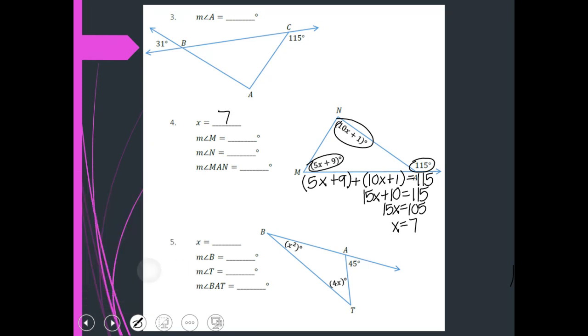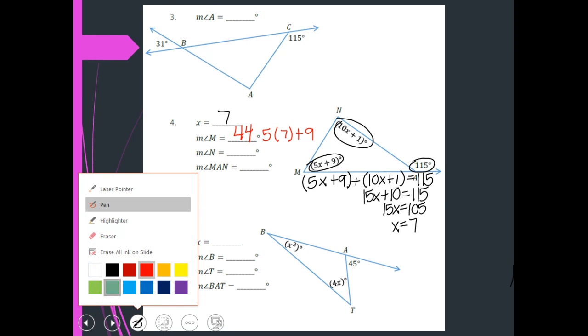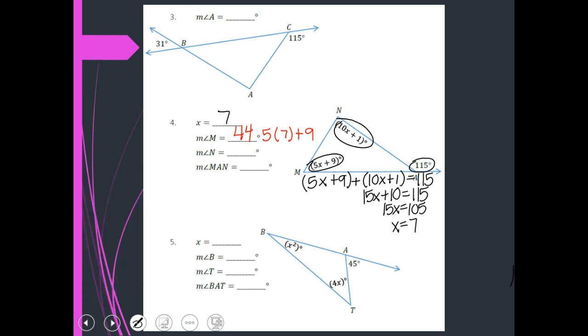The next thing that we're going to do is find angle M. So we know that angle M is 5x plus 9. We know that x is 7. So we're going to do 5 times 7 plus 9, which gives us 44. And then for angle N, we're going to do 10x plus 1.